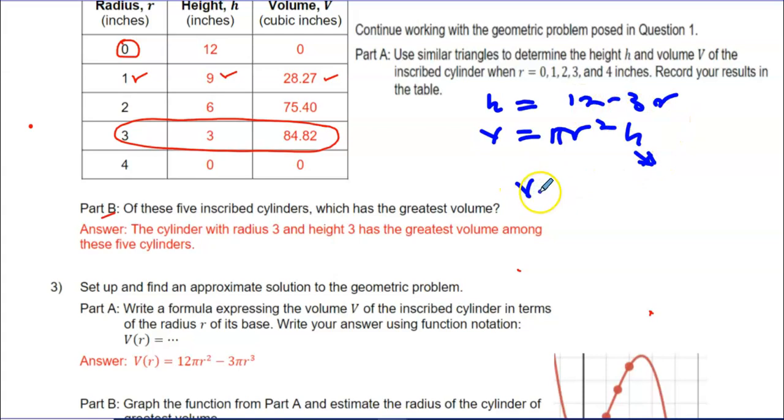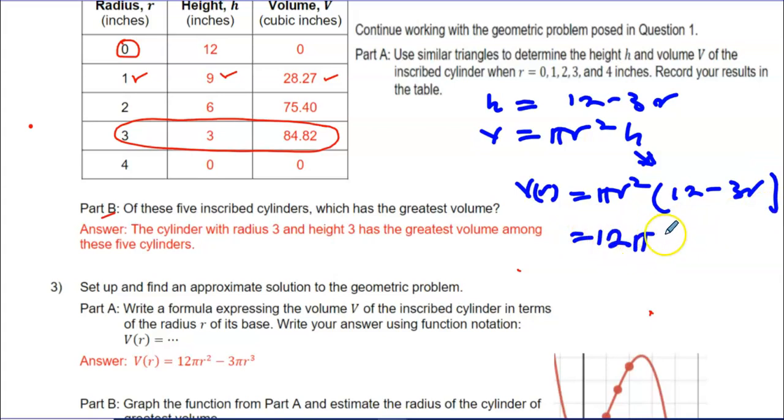So the volume in terms of r is just going to be pi r squared times 12 minus 3r. Now when we expand this, we are going to get 12 pi r squared minus 3 pi r to the power 3.